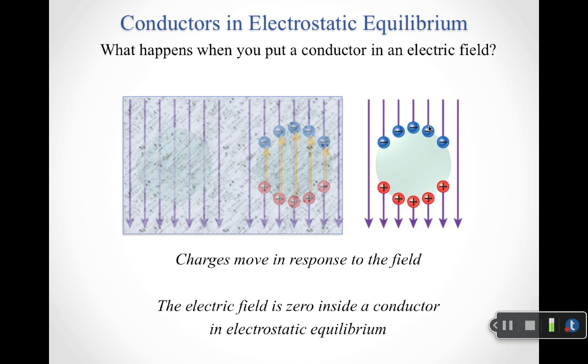But once they cancel out the electric field, they'll stop moving. If they tried to stop moving before the electric field was completely canceled out, there would be forces that would act on those charges to continue to force them to move until they reach electrostatic equilibrium. But once they're there, there's no field inside your conductor.